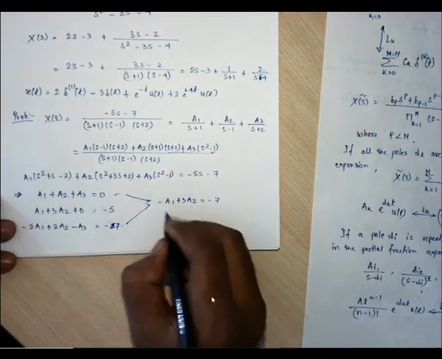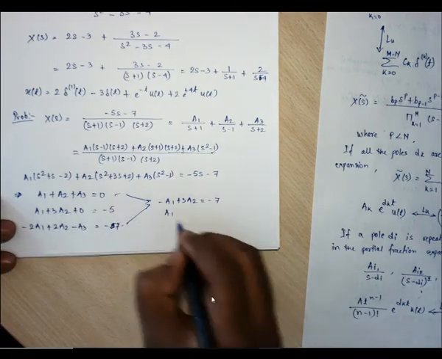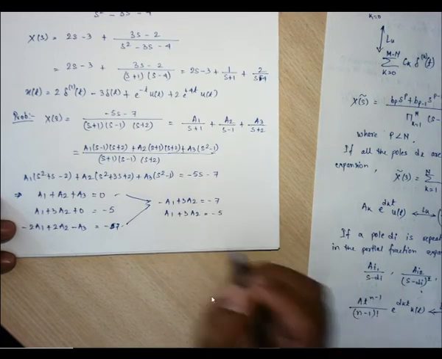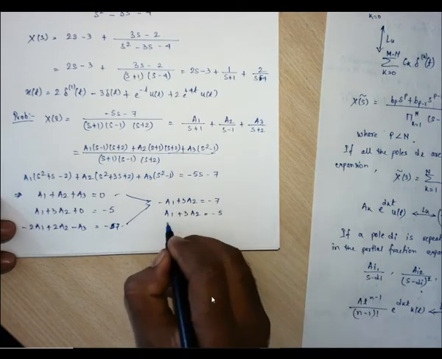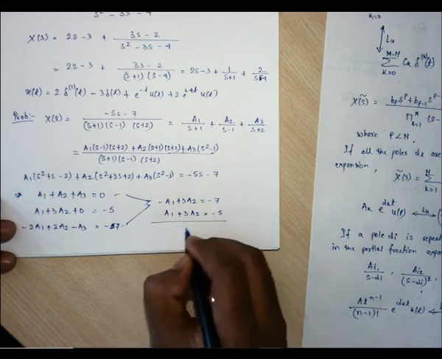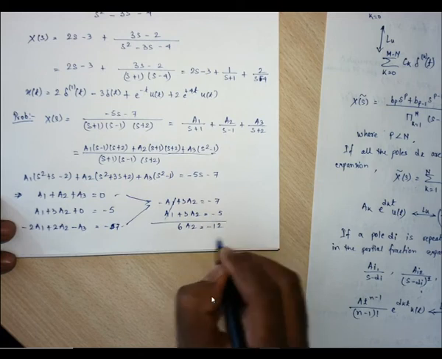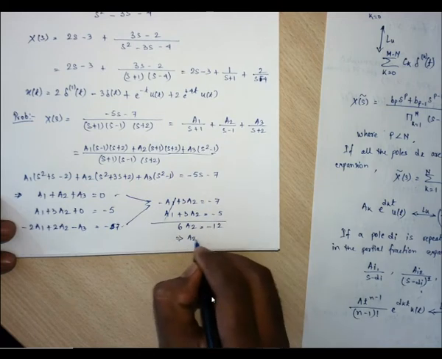Then the other one is a1 plus 3a2 equals minus 5. If you take the addition, a1 will get cancelled. 6a2 equals minus 12. So a2 is coming as minus 2.